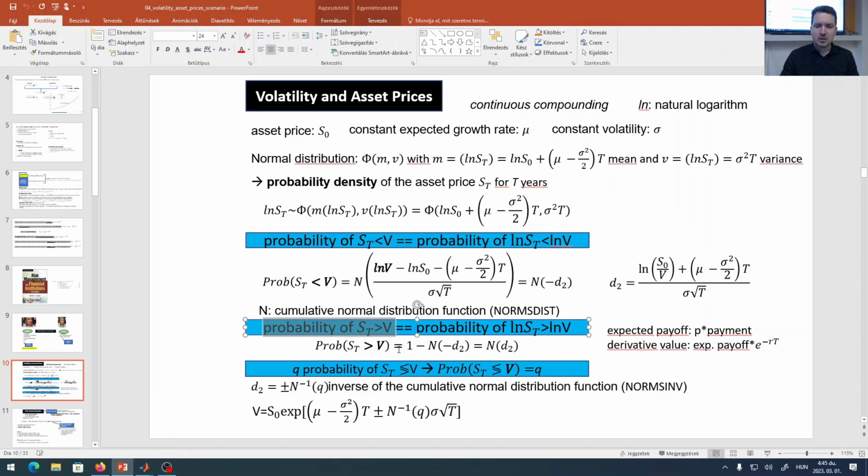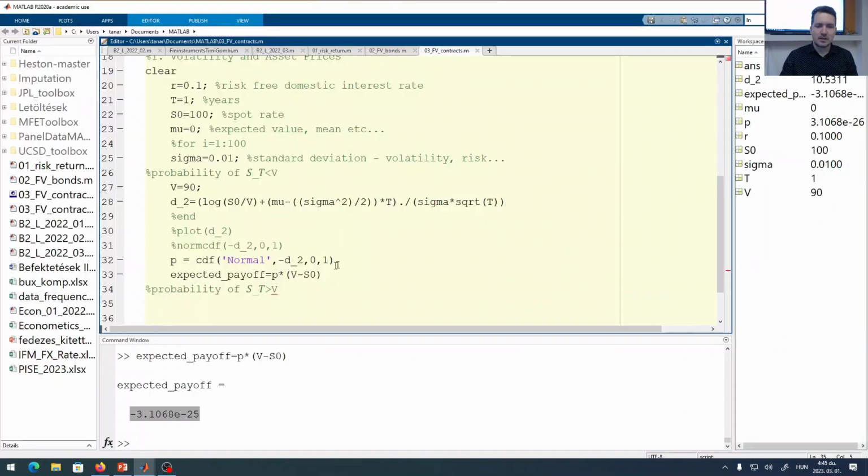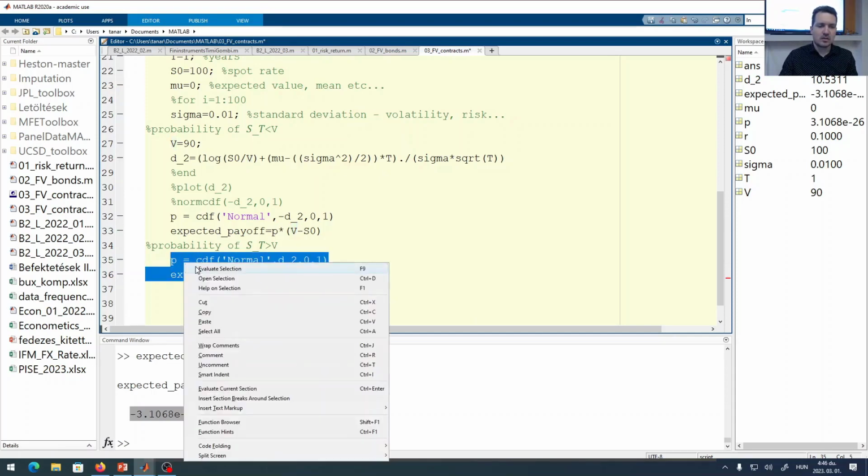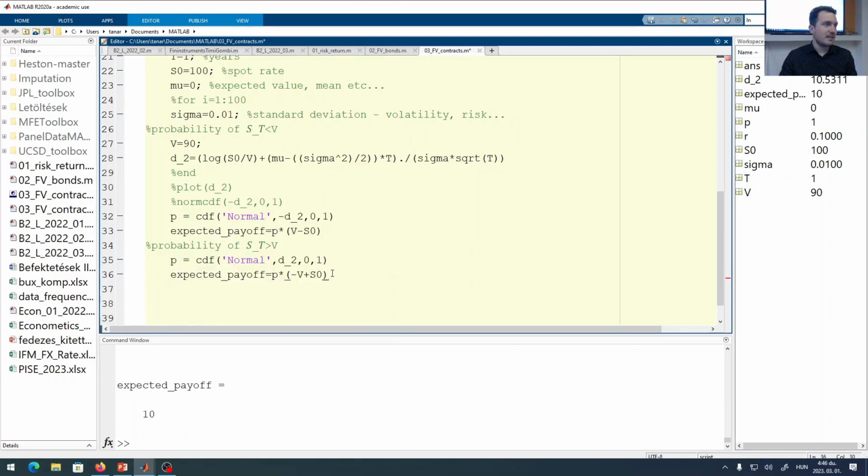Then the situation is completely the same, just we are in the opposite direction, so the D2 is not minus anymore, so we are on the other end, and now we get 10 money.